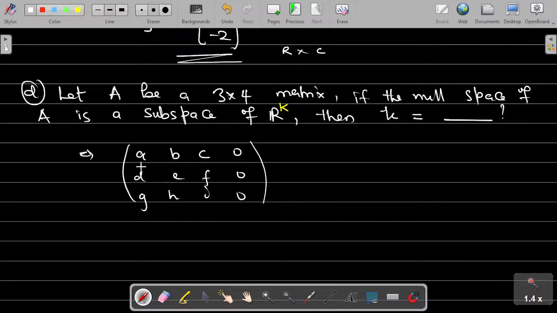And you know that it is the column vectors that usually determine the basis of a particular vector space, and the number of vectors on it will give you the dimension. So since this particular matrix contains 4 columns, it implies that the dimension of that vector space will be R4, and so our k is equal to 4.